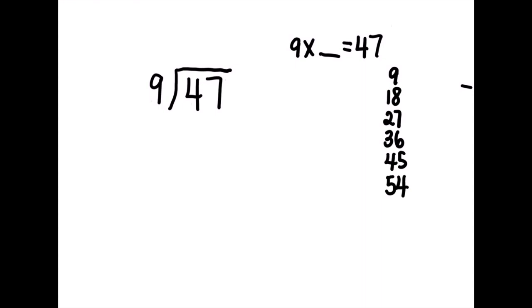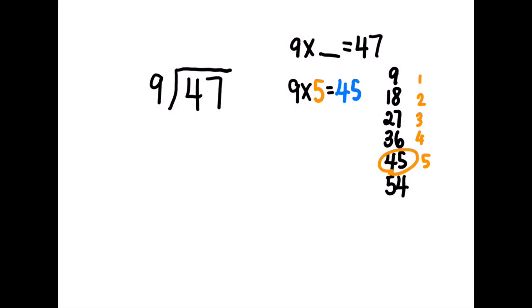And now we're over. So 9 times 5 equals 45, and that's closest to 47.